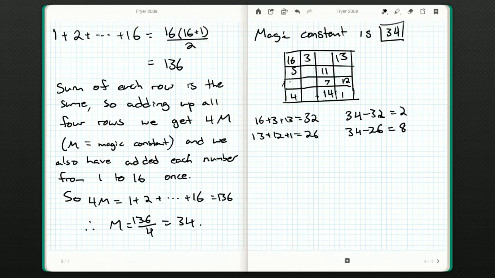And the last, oh no, we can complete that one as well. 16 plus 5 plus 4, that's 25. 34 minus 25, that's 9.